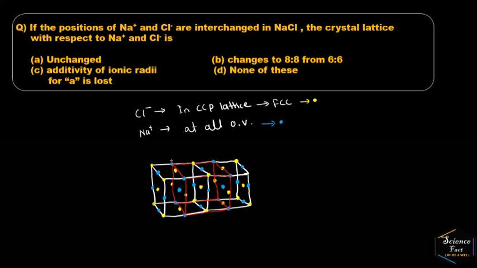At all corners only Na+ ions are present in the new cube, and at all edge centers Cl- ions are present. It means this new diagram follows exactly the statement given in the question.